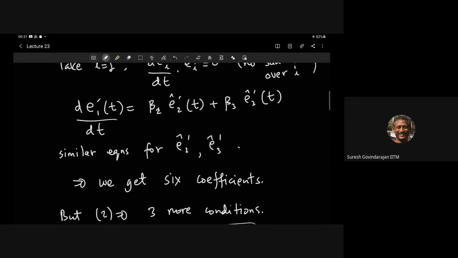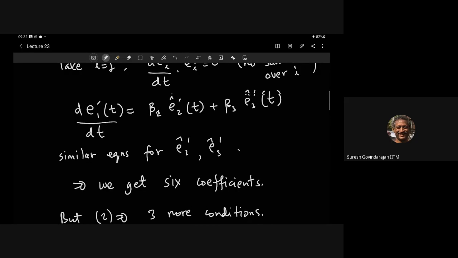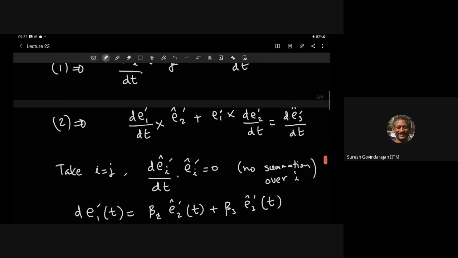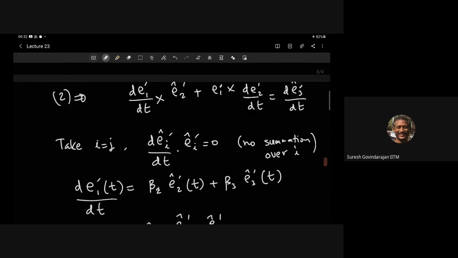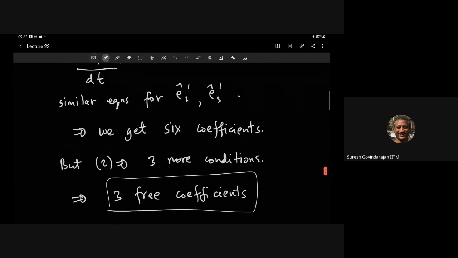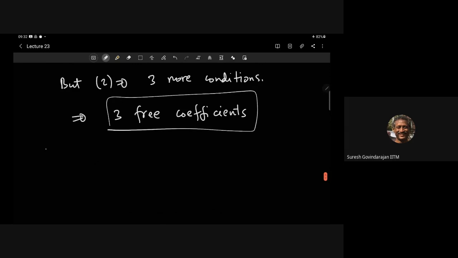There might be other conditions still: imposing i equal to j is one thing, and i not equal to j also has some conditions. But at least you'll see that it's consistent with having 3 more conditions. It's for you to work out what the details are. So please go ahead and put all of them in and see what it means. I'm going to give an exercise.